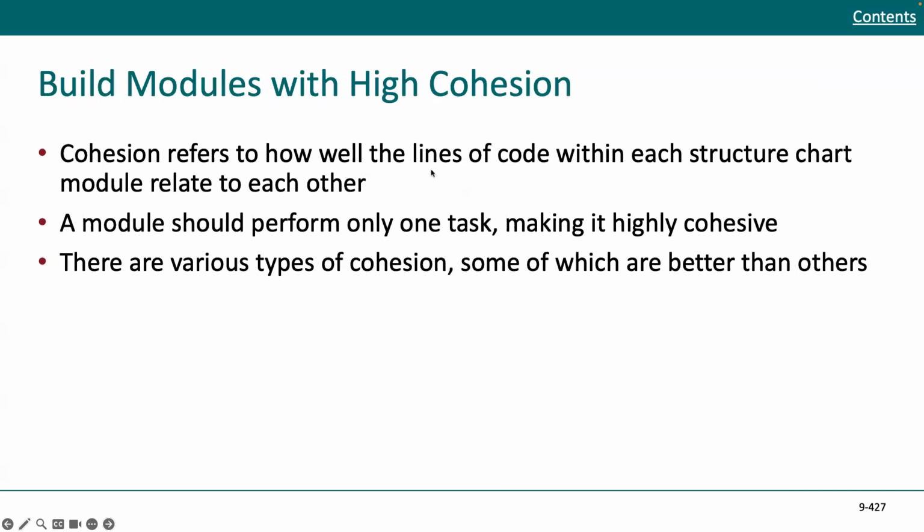Cohesion refers to how well the lines of code within each structure chart module relate to each other. A module should perform only one task, making it highly cohesive. And so it has a standalone purpose, it's autonomous, if you will, in some ways. And there are various types of cohesion, some of which are better than others.